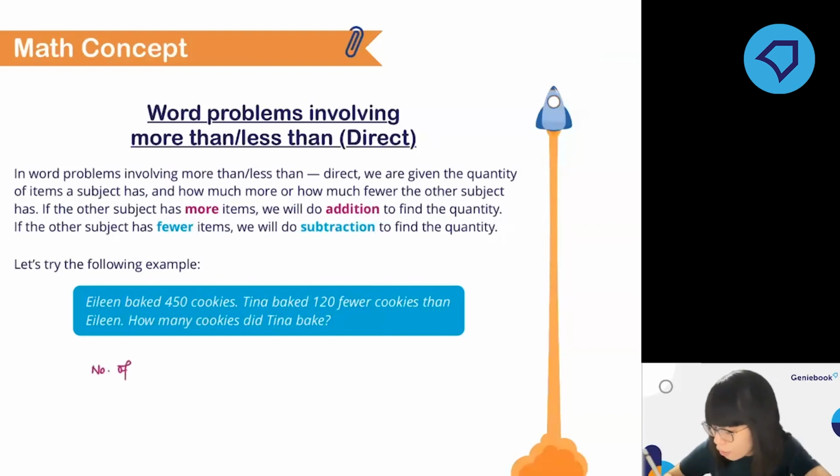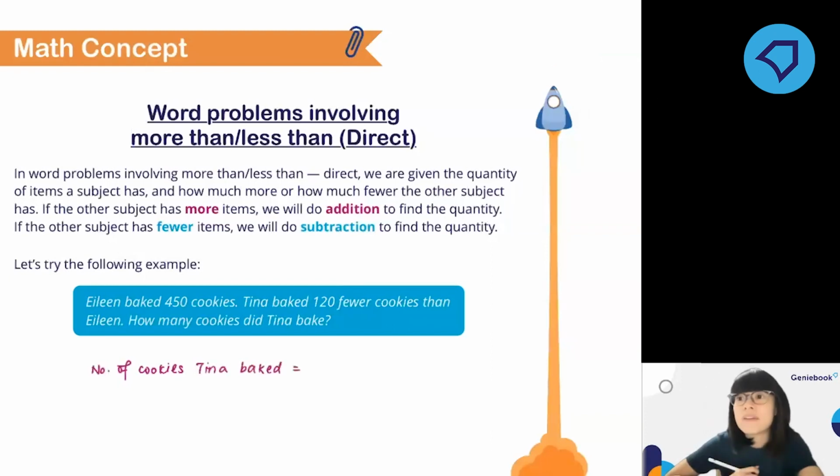Number of cookies Tina baked. We have to do subtraction. Yes, 450 minus 120. And all of you can give me the answer to be 330. Excellent job.